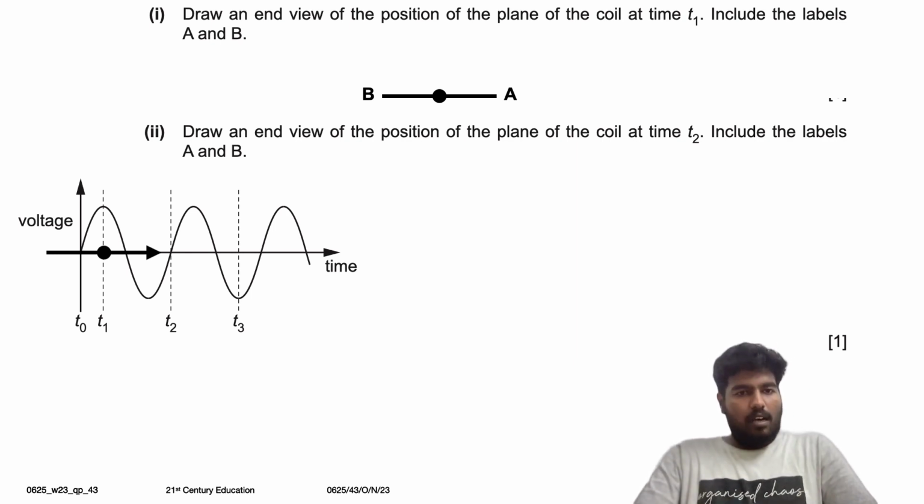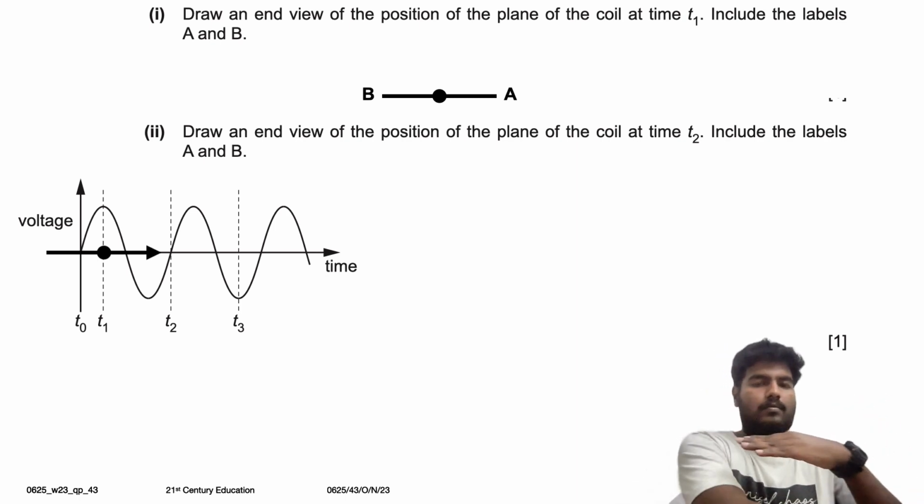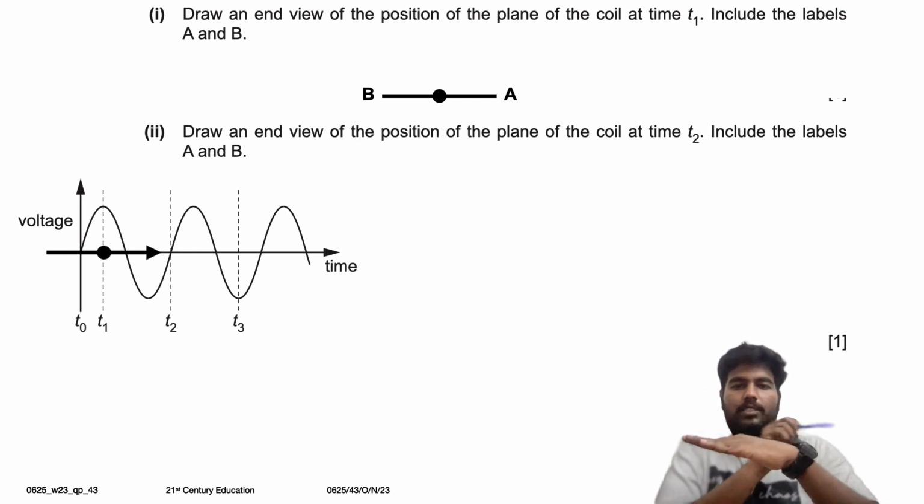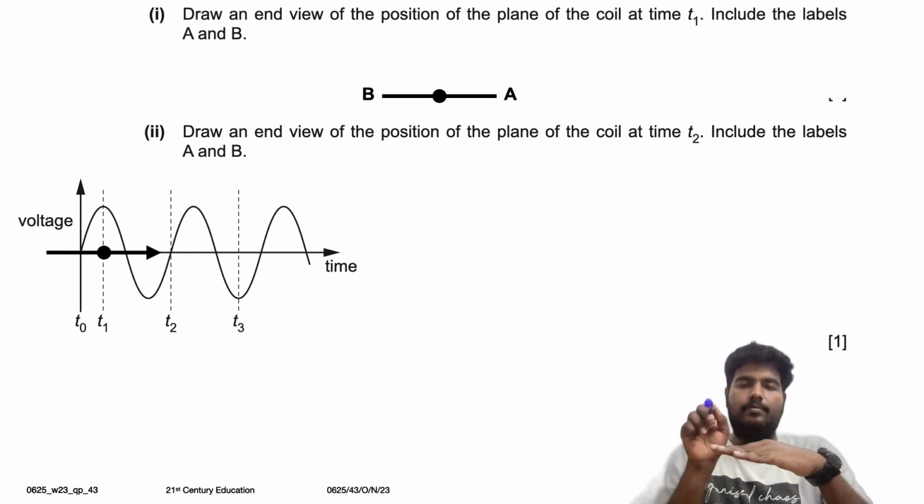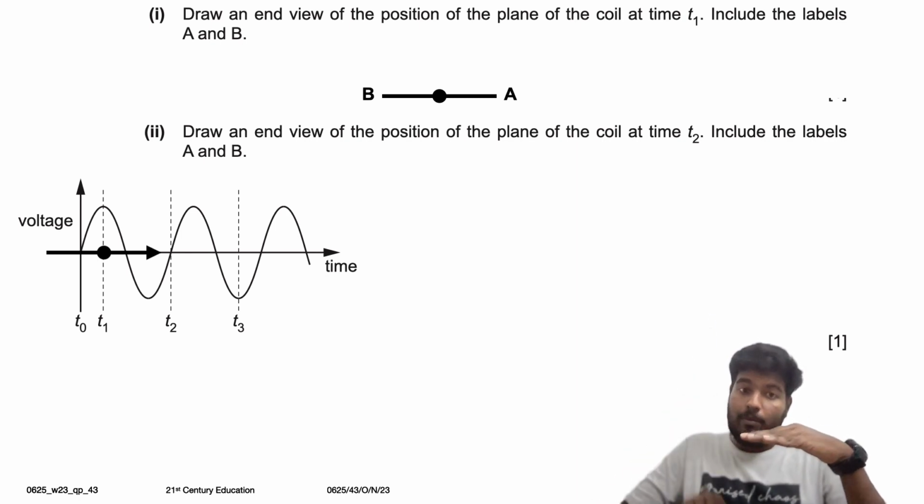Second, draw an end view of the position of the plane of the coil at time T2. Include the labels A and B. So at T2 it's 0, meaning that we are cutting the magnetic field parallel, not perpendicular. For example, the magnetic field is like this. If the wire is cutting like this, no voltage will be produced. When the wire cuts like this, maximum voltage will be produced.